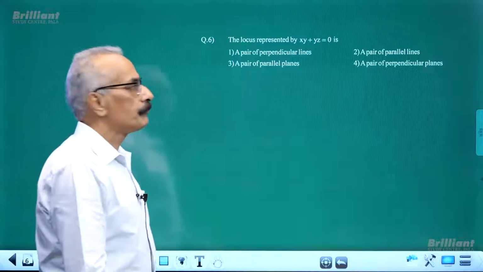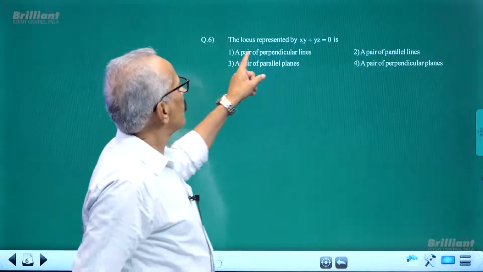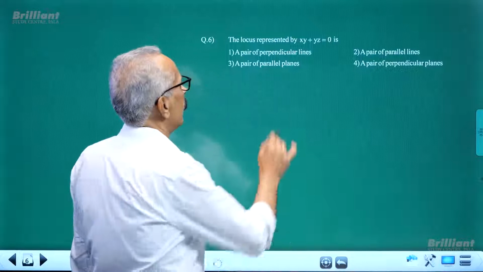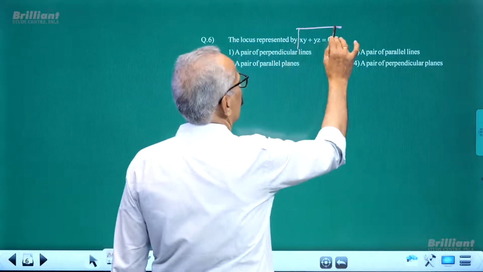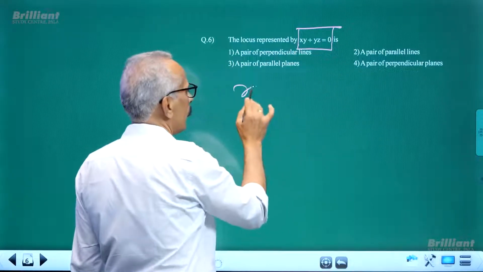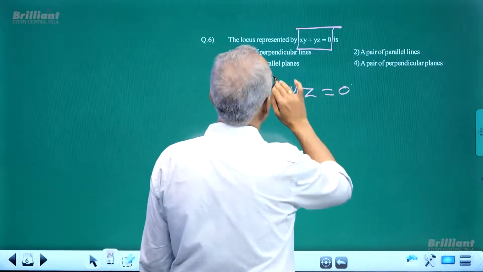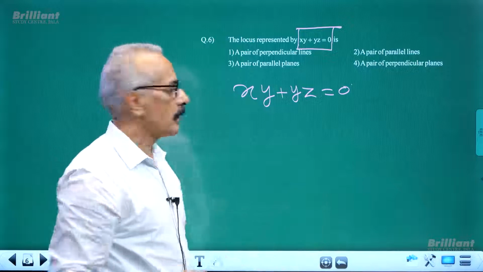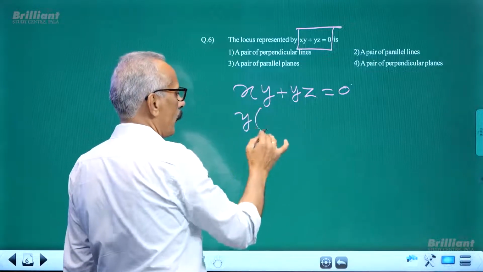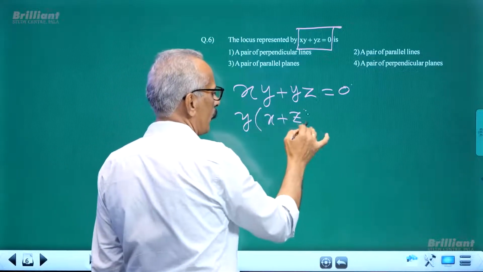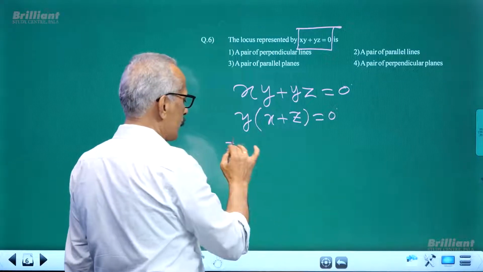Question number 6. This is the locus represented by xy plus yz equal to 0. This is three-dimensional geometry, xyz. What can you take common? y into x plus z equal to 0. What does this mean?